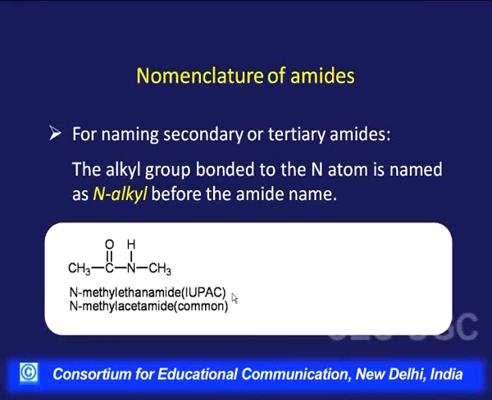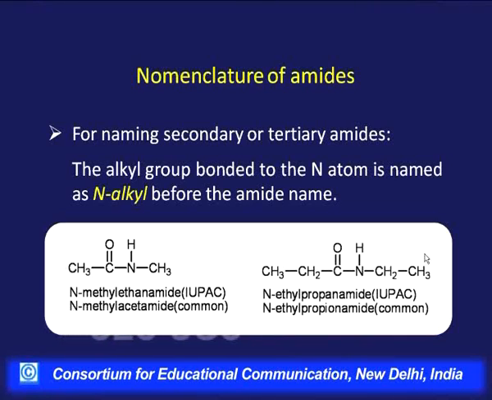This will be IUPAC name, and commonly the corresponding acid is acetic acid, then amide will be acetamide, and it is having one methyl group. So, according to common system, this is named as N-methyl acetamide. Let us take another example.